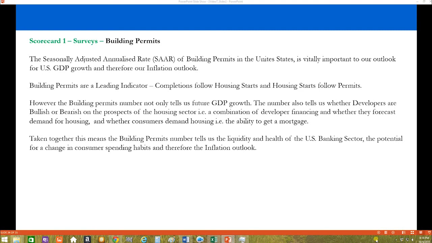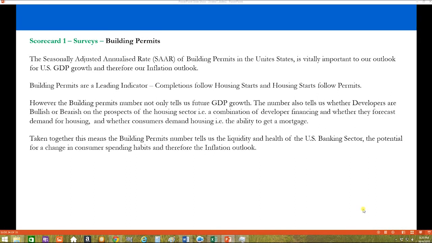What that is doing is basically giving you an indication of the liquidity of the banking sector and the potential for a change in consumer spending habits, and therefore the inflation outlook. So the inflation of prices in the economy. So what it's doing is building permits is giving us a very, very good gauge on the outlook for inflationary or deflationary conditions.